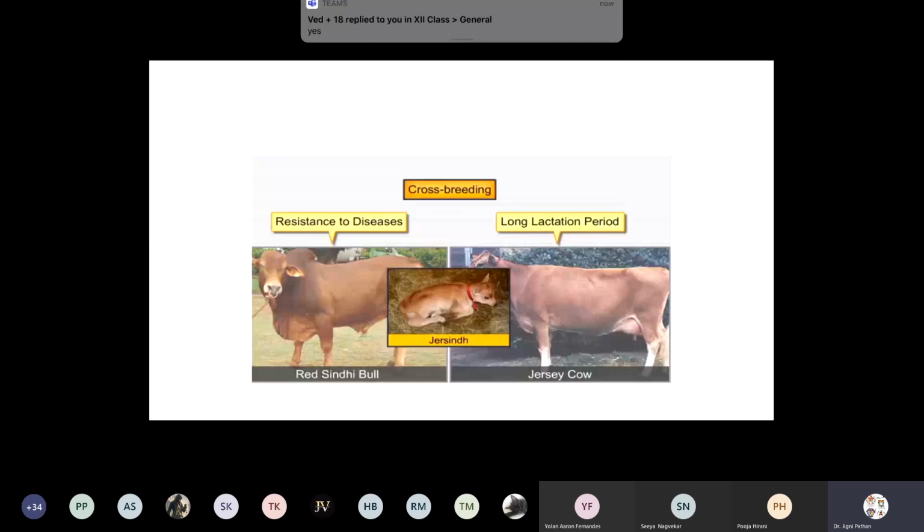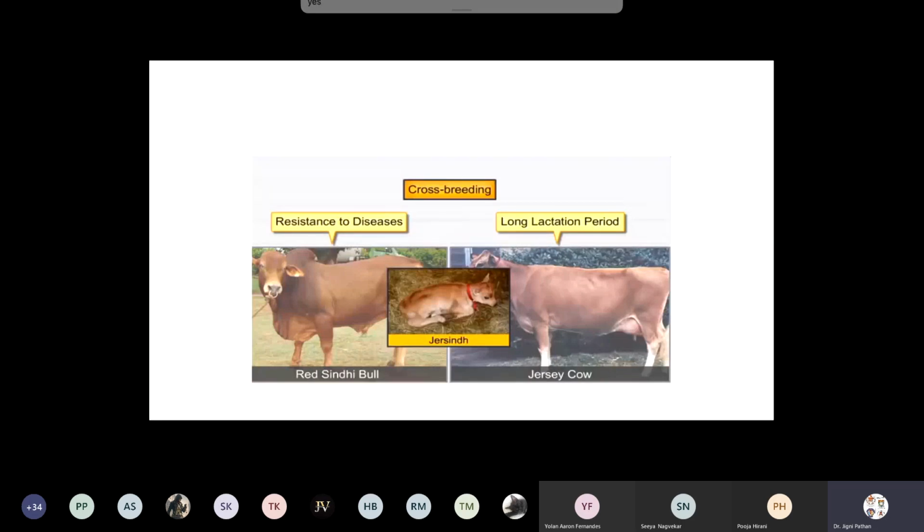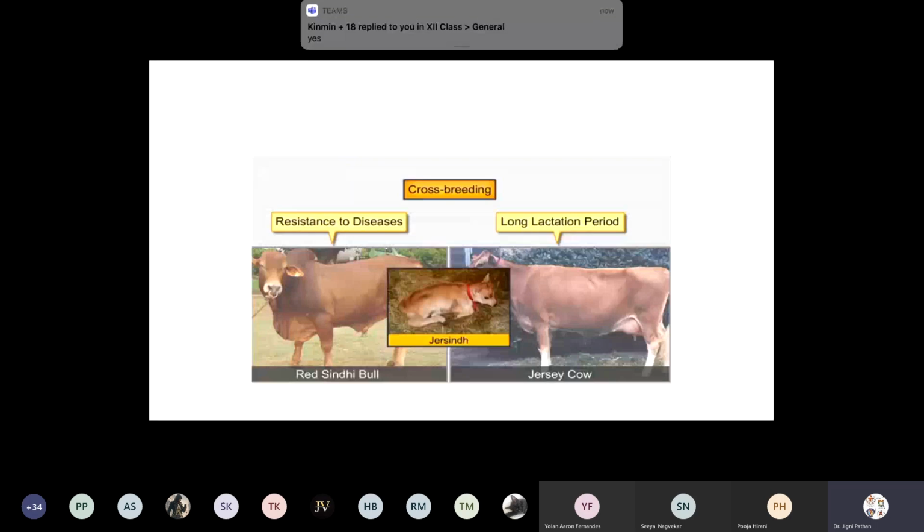This breed is different, that breed is different. They belong to two different breeds. But when they are crossbred, they get Jersey Sindhi. They named it Jersey Sindhi, which was seen to be resistant to disease, as strong as the Red Sindhi bull, and also good in lactation if it was female. So this is how crossbreeding is done.